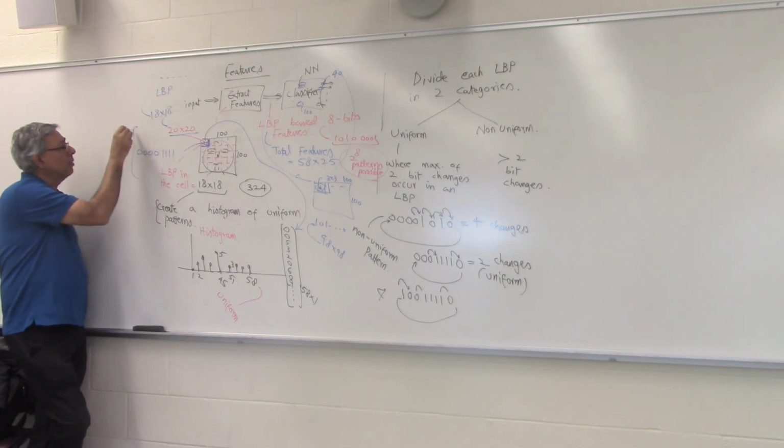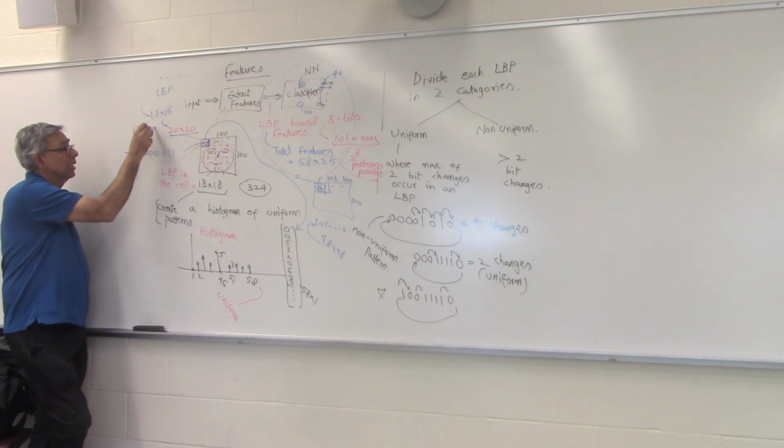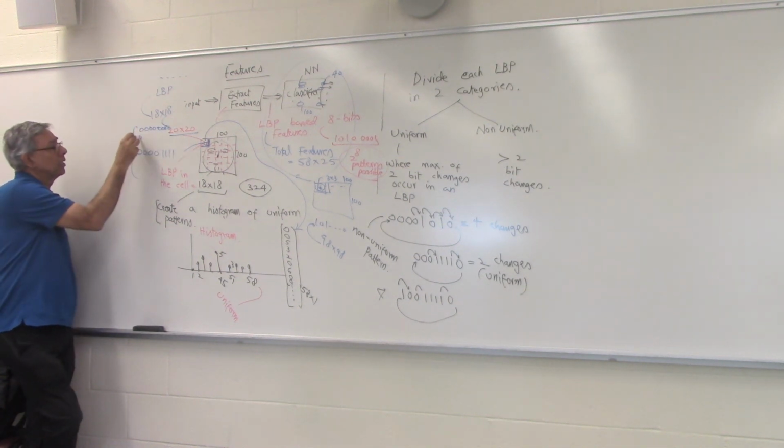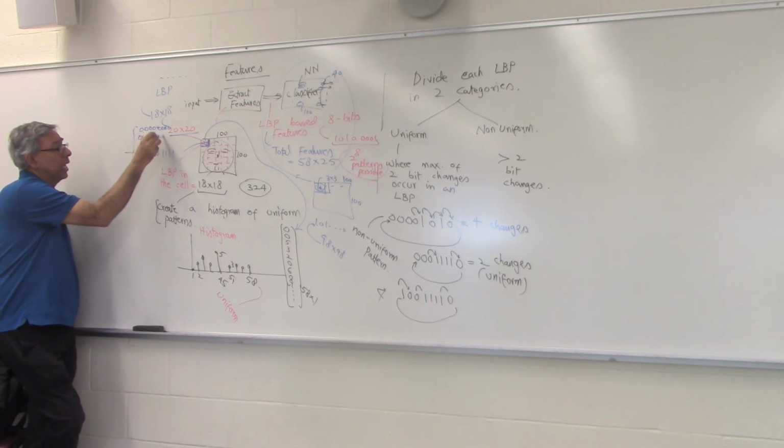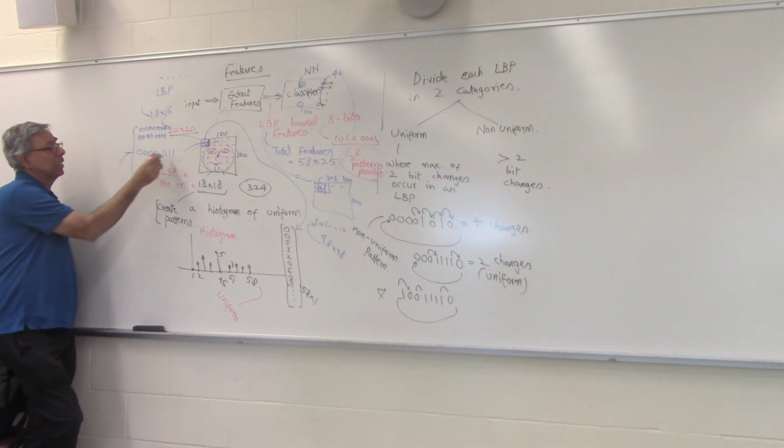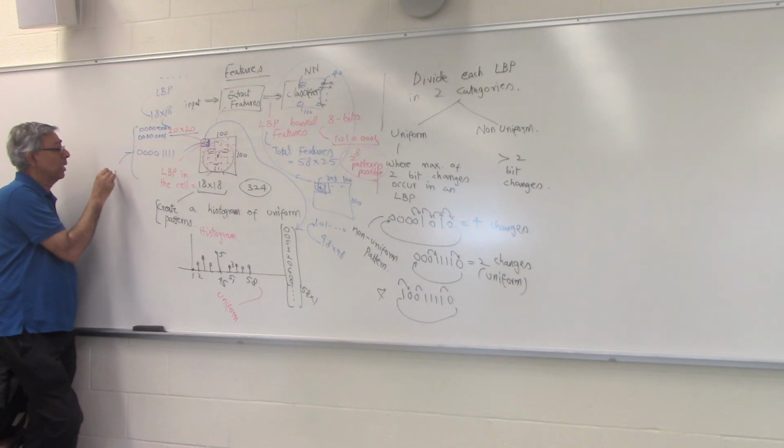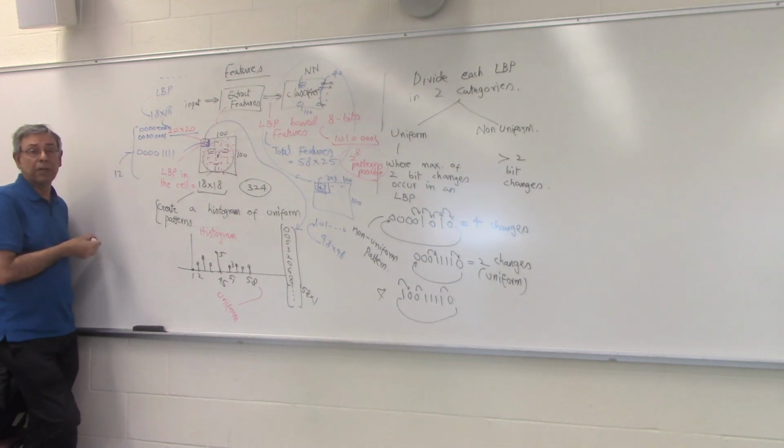Now suppose I list all the uniform patterns. Is 0, 0, 0 a uniform pattern? Yes. 0, 0, 0, 1 is a uniform pattern. Let's pretend this happens to be pattern number 11 or pattern number 12.